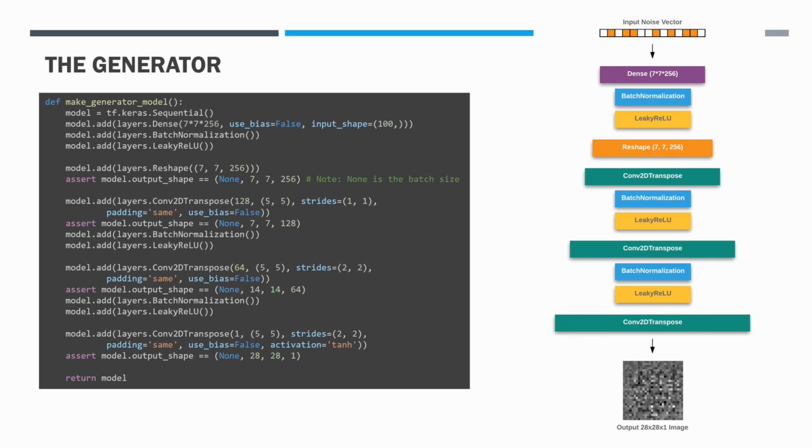So we start with a flat noise vector as the input that goes into a dense layer, and progressively the network will upsample it. We use convolutional 2D transpose layers, or upsampling layers, to take that initial input vector and transform it to a square image, in this case a 28 by 28 pixel image.